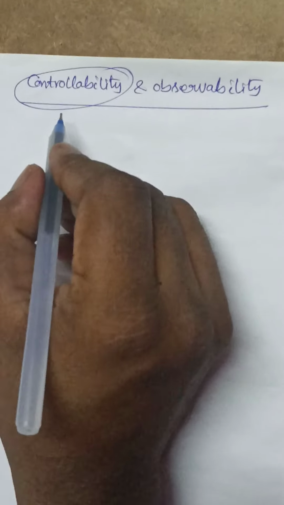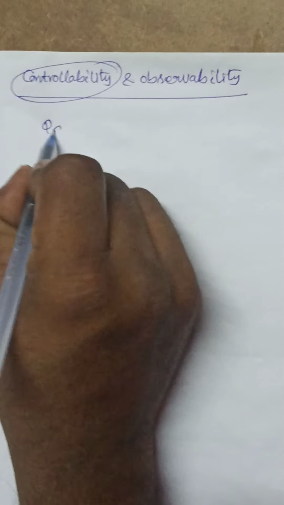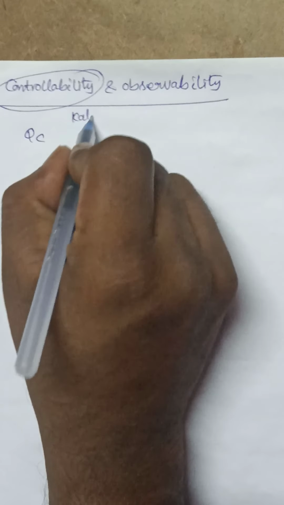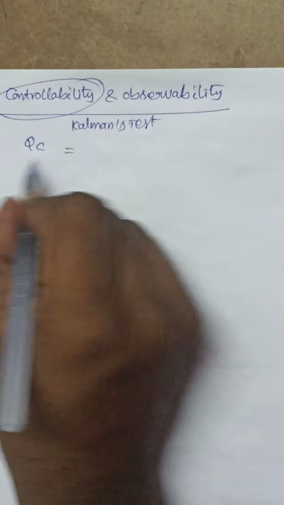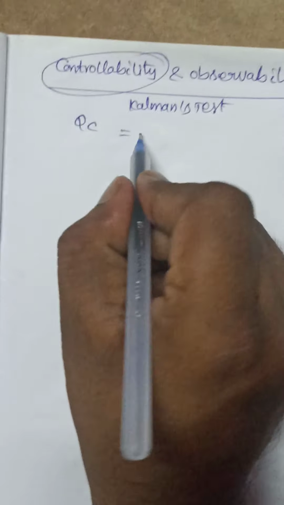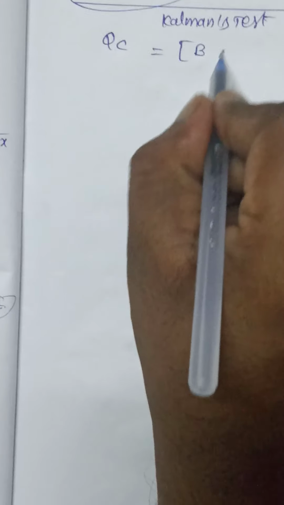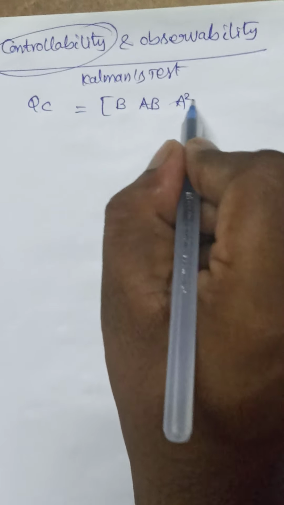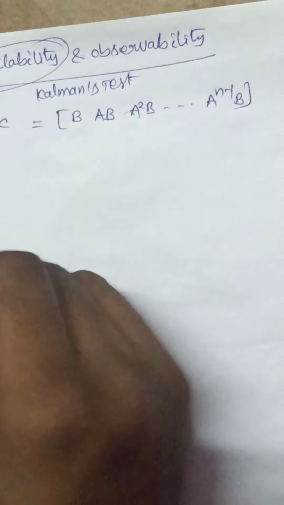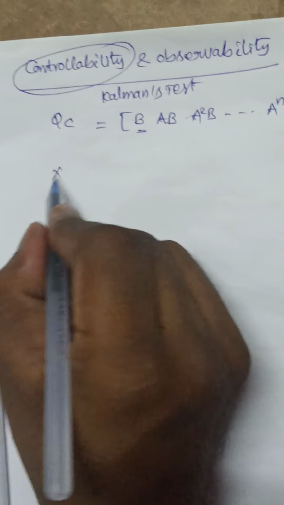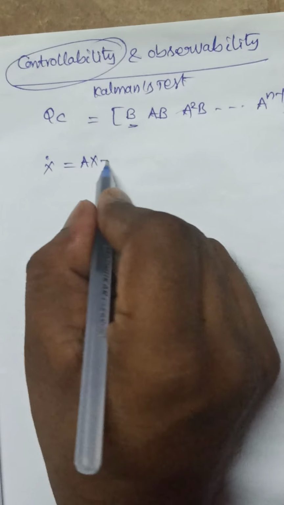Whether the system is controllable or not can be determined from Kalman's test. What is Kalman's test? QC is a matrix equal to B, AB, A square B, and so on up to A power n minus 1 into B, where A and B are the matrices in x dot equal to AX plus BU.